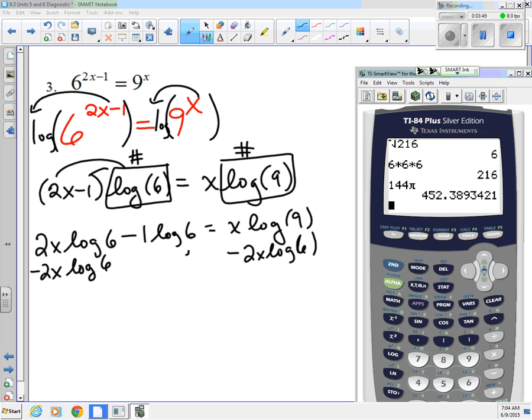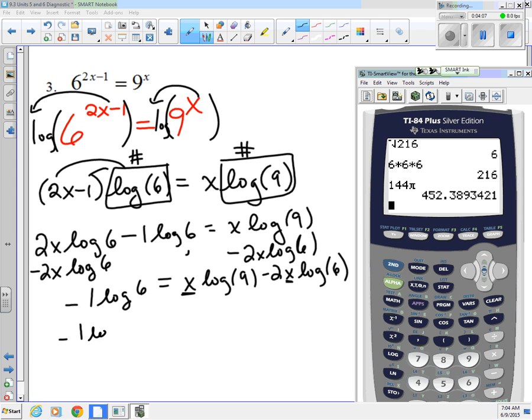And I'm left with -1 log 6 equals x log 9 minus 2x log 6. And then on the right-hand side, I can factor the x out. And then I'll get -1 log 6 equals x times (log 9 minus 2 log 6).